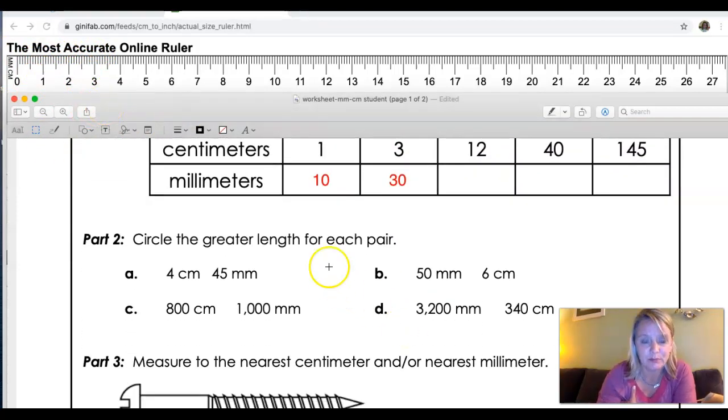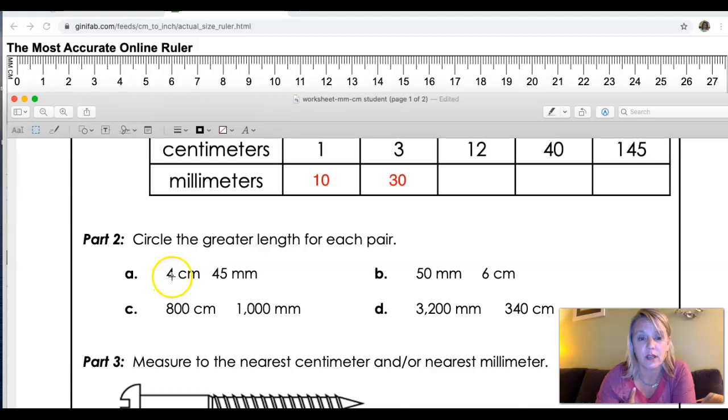Down here, this is asking us to circle the greater length for each pair. You're doing the same thing. You're just looking at a measurement in centimeters and in millimeters, and you're seeing which one's greater. Well, first you have to find out how many millimeters there are in 4 centimeters.